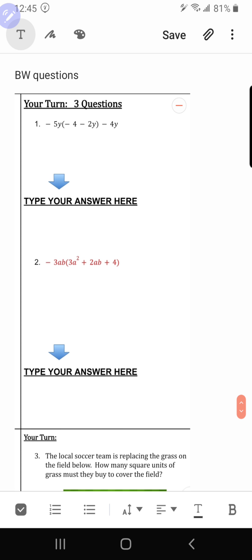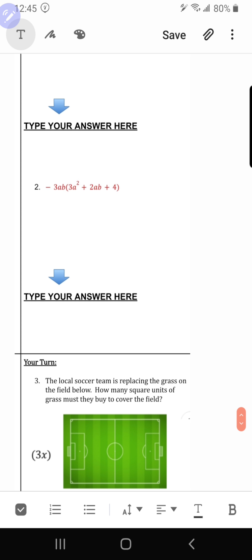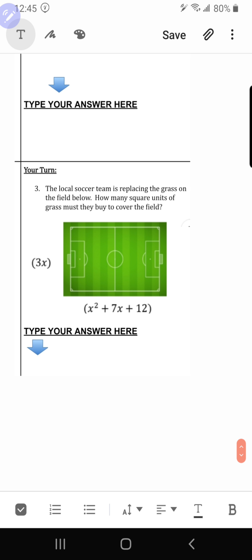The second question, all you're doing is multiplying. There is no combining at the end. You're just distributing the negative 3ab to the 3a squared plus 2ab plus 4. And then of course the last question is similar to the question that we did in example 2. However, there's no subtraction, as the local soccer team is replacing the grass on the field below.